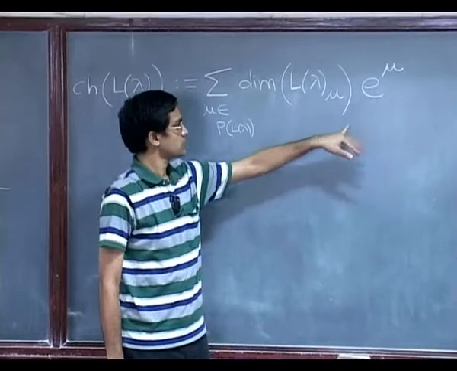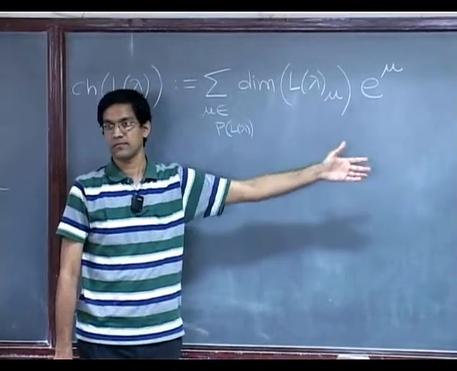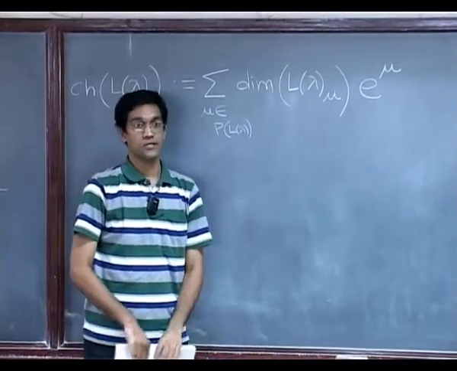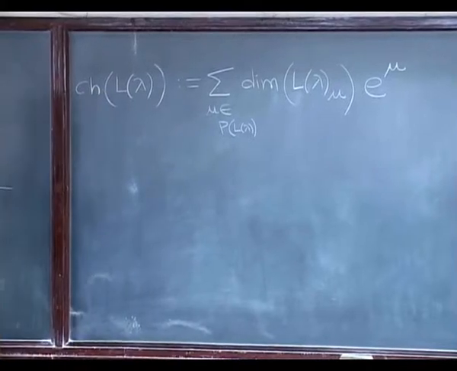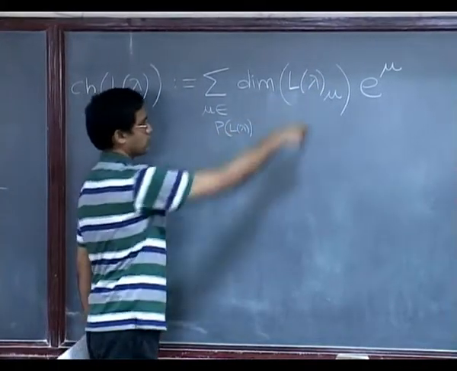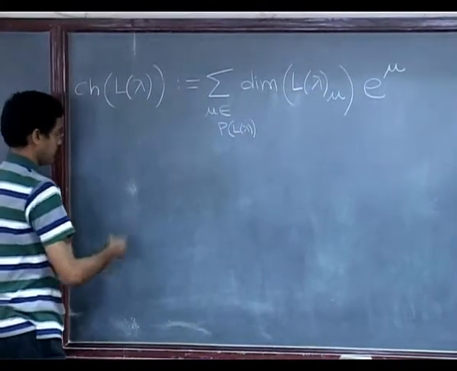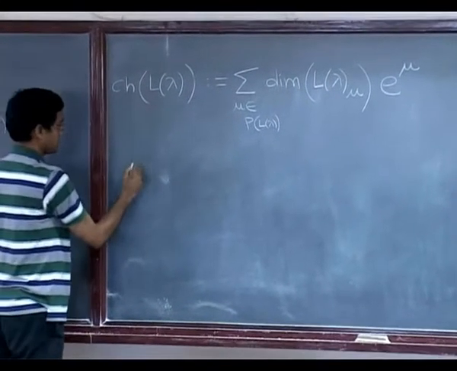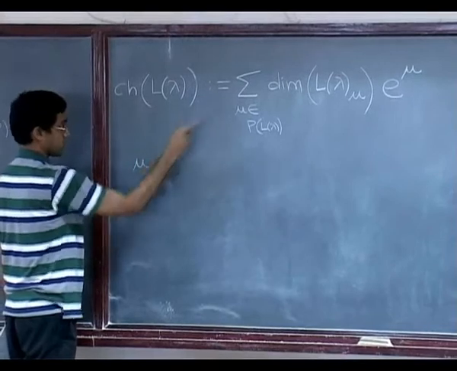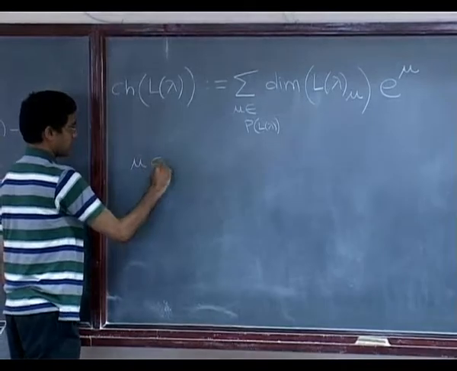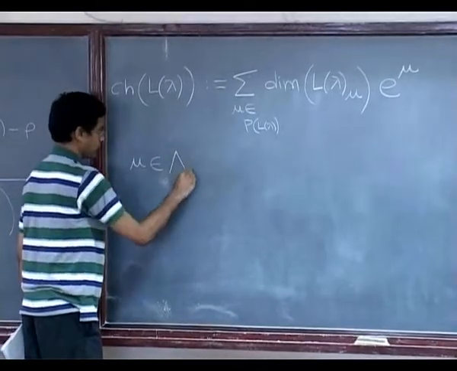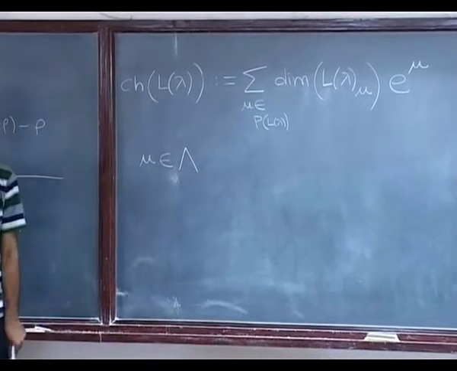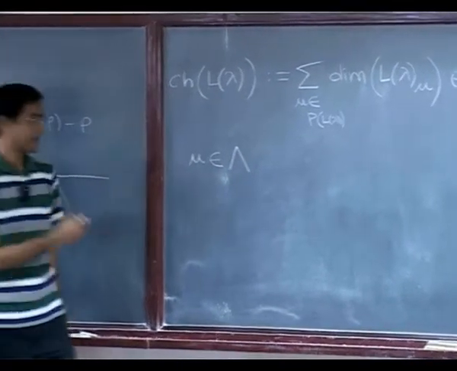So, again the question is, where does this live? Where does this final answer live? And these formal exponentials, you can think of as obeying the usual formal rules. I am just repeating some of these things. So, mu, for example, which appears there, is an element of what was variously denoted as lambda or P and so on, the weight lattice.